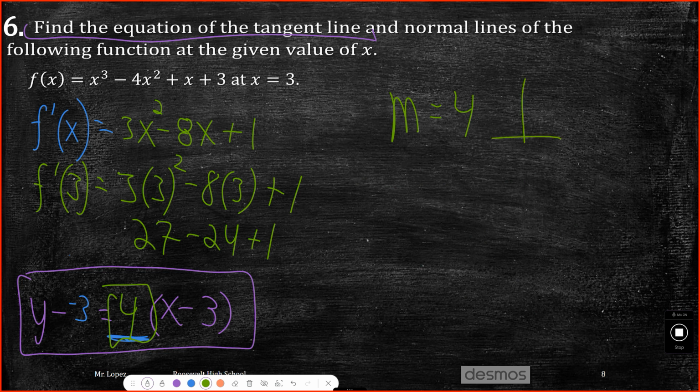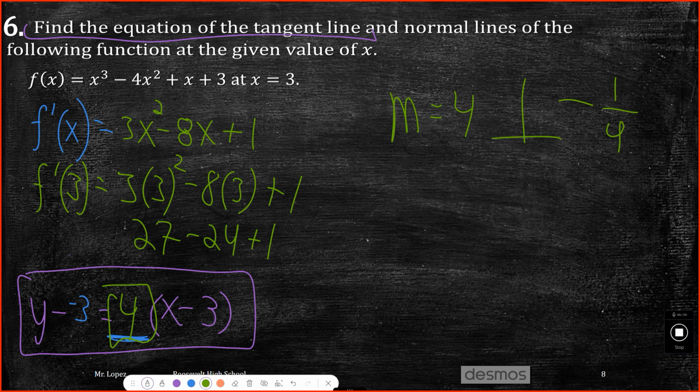All you gotta do is flip it. So what's the reciprocal of 4? 1 over 4? And then also do the opposite sign. So then it's going to be what? Negative 1/4. That's it.